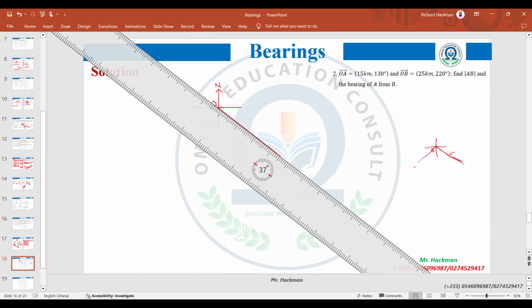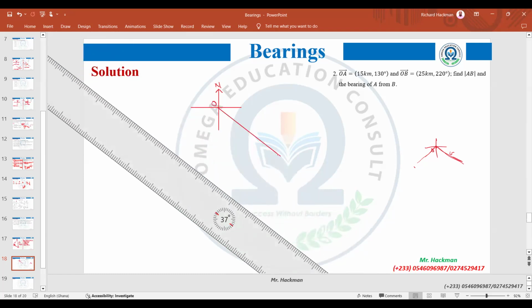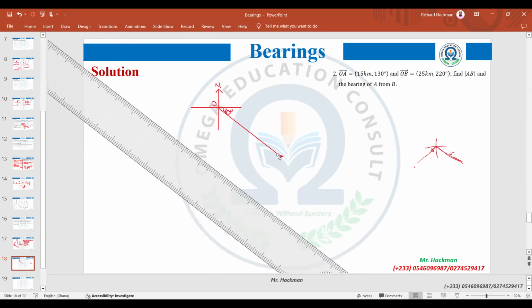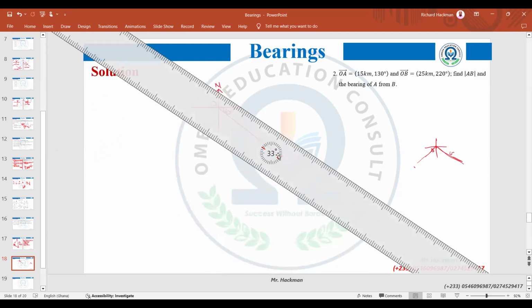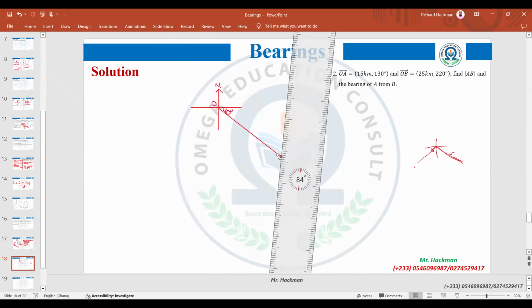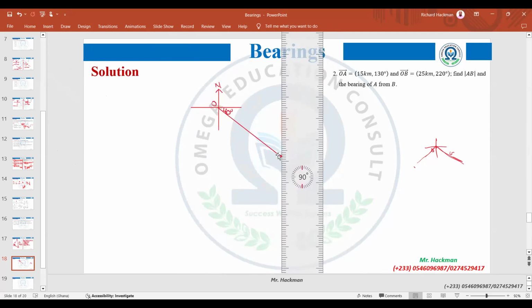Now I'm going to indicate my angle that I added, 40. Remember, I've told you any angle that you added to get the actual bearing indicates 40 degrees. Then indicate your point as well. And what is your point? The point here is point A. And again indicate your cardinal points there.